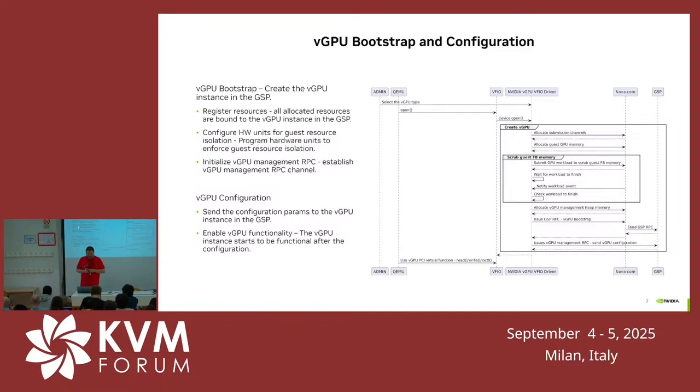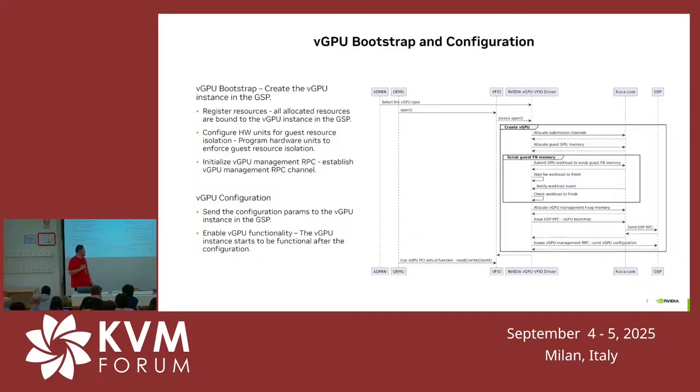Then all these registered resources will be configured to the hardware unit to make sure there will be hardware guest resource isolation. And then the vGPU management RPC will also be initialized.